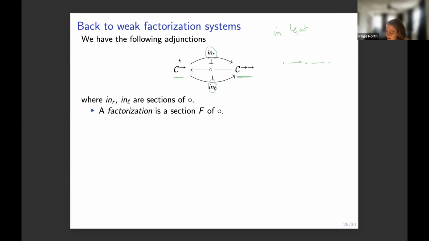And so in right takes a functor from X to Y and produces, let me write this slightly differently.